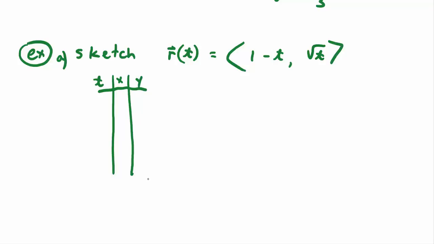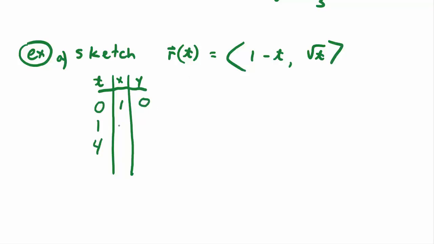So what would be some good values to plot for t? 0. I think 1 would be good. Maybe perfect squares since we have to end up taking the square root, right? What do we get when we plug in 0 for the first component? 1. For the second component? 0.